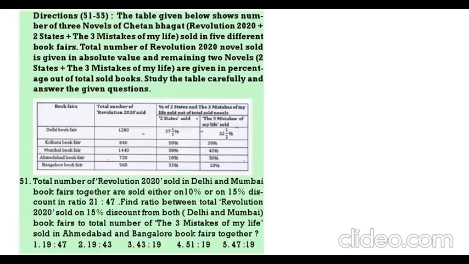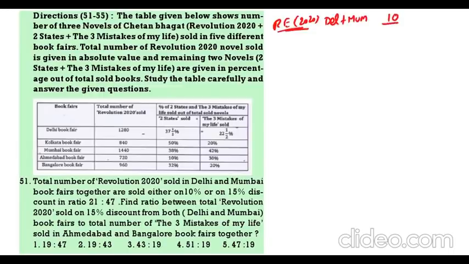See. Total number of Revolution 2020 sold in Delhi and Mumbai book fair together are sold on either 10% discount or 15% discount in the ratio of 21:47. Find the ratio of total Revolution sold in 15% discount book fair from Delhi and Mumbai to total number of 3 Mistakes of Life in Ahmedabad and Bangalore together. Now Revolution 2020, Delhi plus Mumbai.